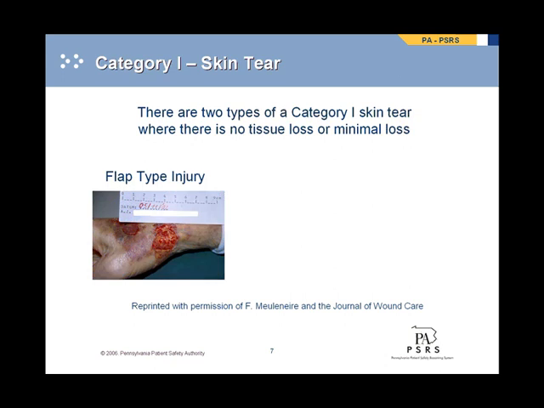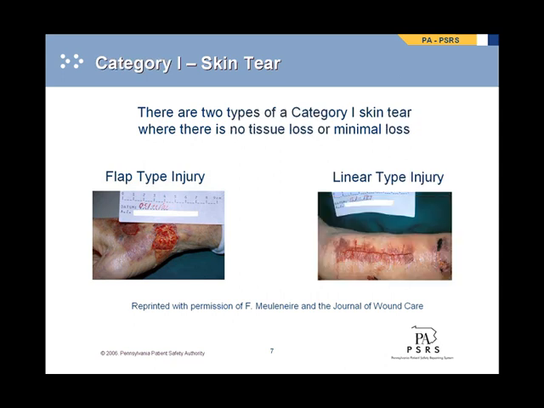There are 2 types of Category 1 injury where there is no tissue loss or minimal loss. The flap type injury where the replaced flap closes the tear to within an approximation of 1 millimeter of the wound edges, or the linear injury where edges come together and close completely.